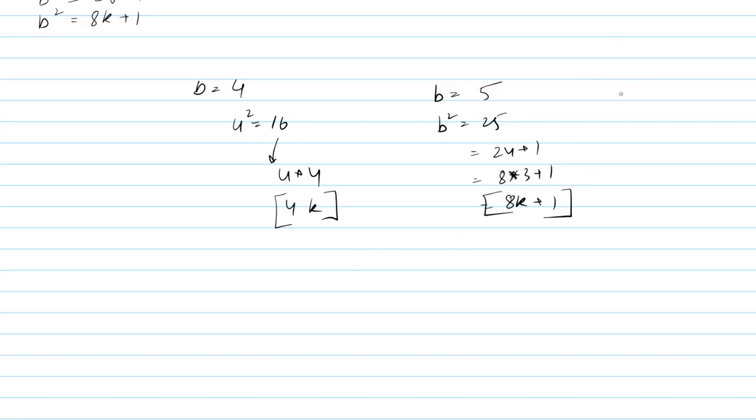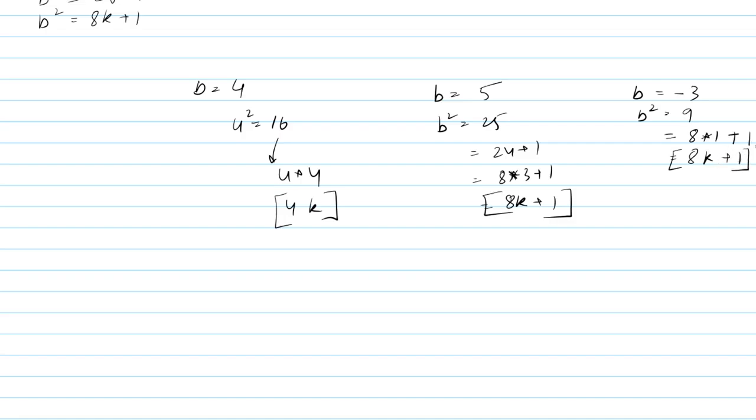Now, you might be worried about what if the integer is a negative number. It doesn't matter, because after squaring, everything turns out to be positive. So for negative 3 it shall be 9, and we can represent this as 8 into 1 plus 1, so it is also of the form 8k plus 1.